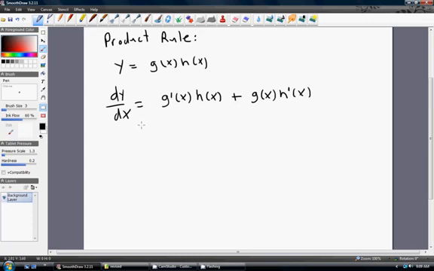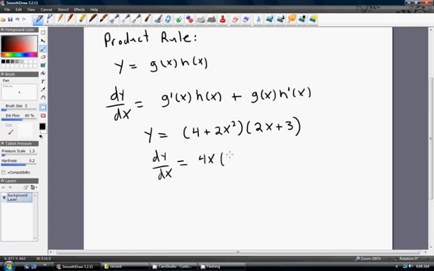So let's do an example. Say, okay, so we've got the g of x part here and the h of x part. Taking the derivative of what's in parentheses first, you're going to get 4x.